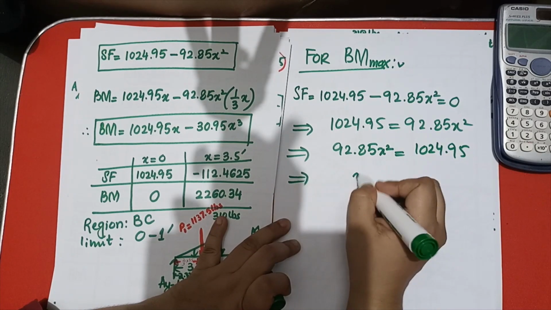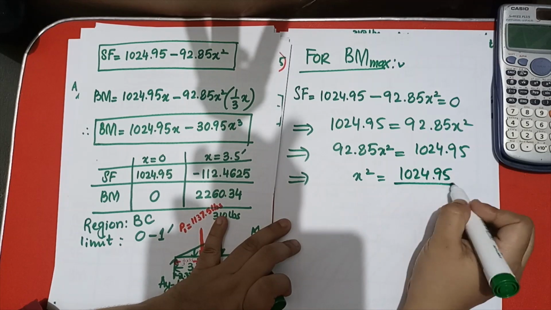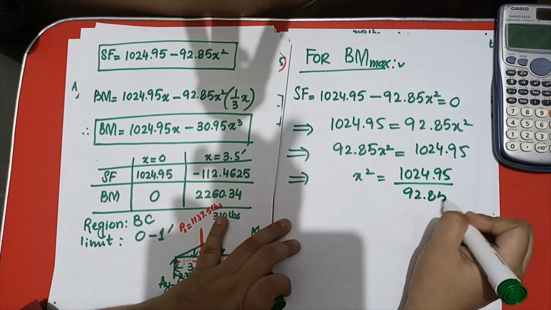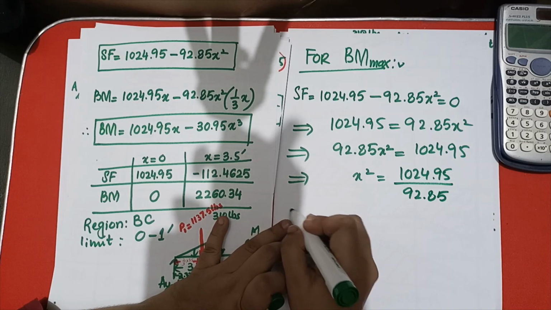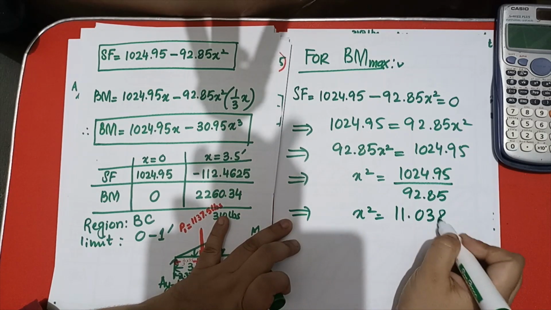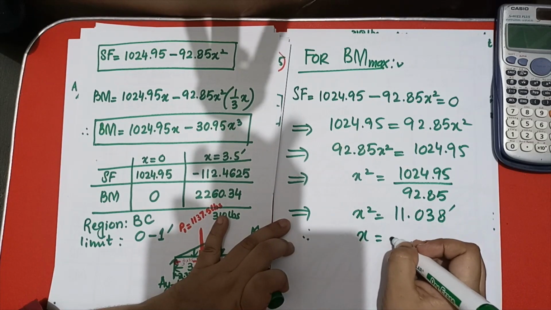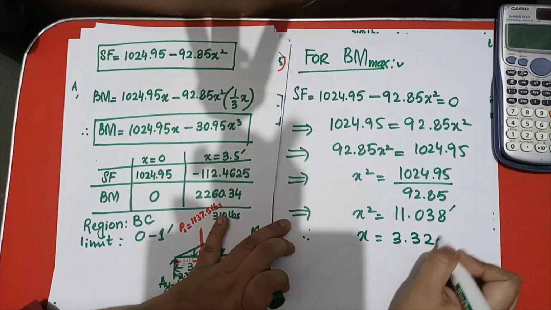So x square is equal to 1024.95 divided by 92.85. The answer will be x square equals 11.038 feet. Therefore, when we apply the square root over here, the value of x is 3.32 feet.